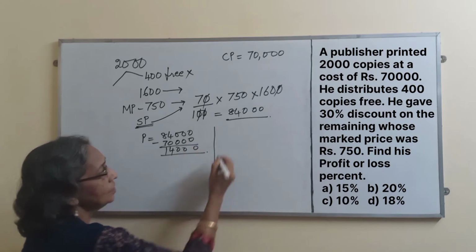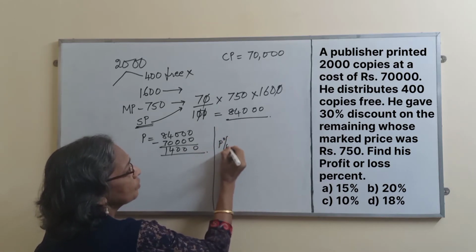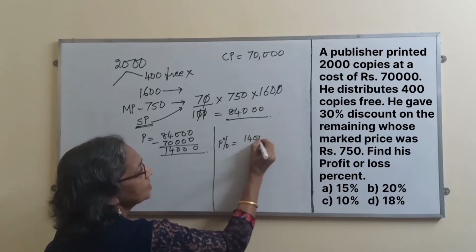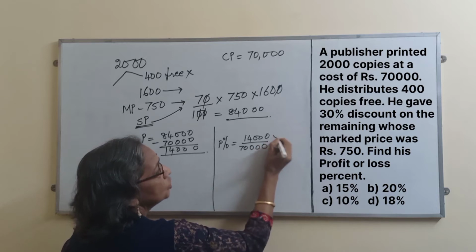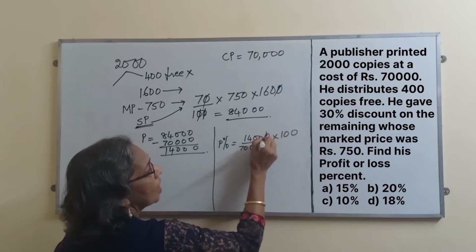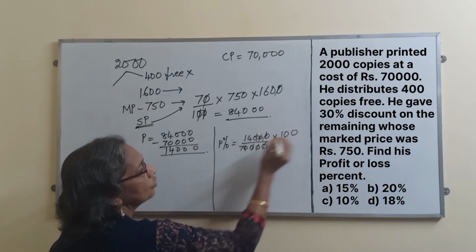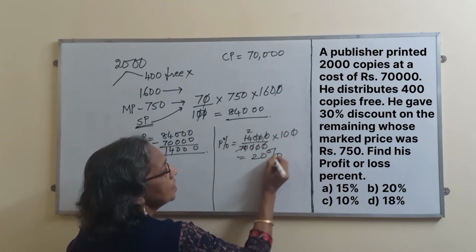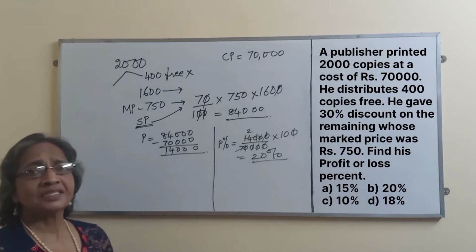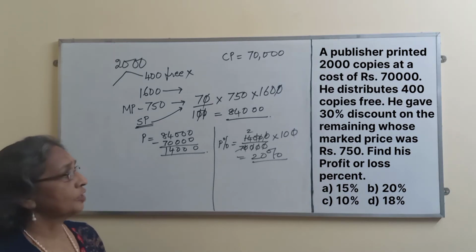Profit percent would be the profit upon the cost price, which is 70,000, into 100. So he makes a 20% profit.